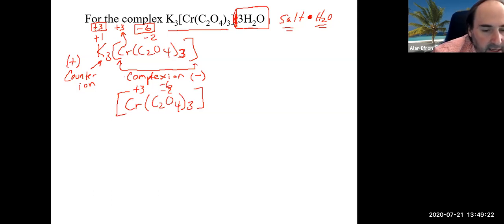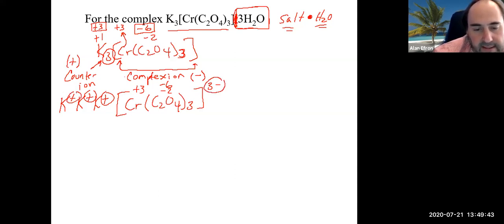So the complex ion part itself has an overall charge of -3, which is why it is the negative part. That also explains over here why we have 3 of these potassiums, because to balance that out, we need 1, 2, and 3, +1, +2, +3, which balances out the -3 overall of that complex ion.